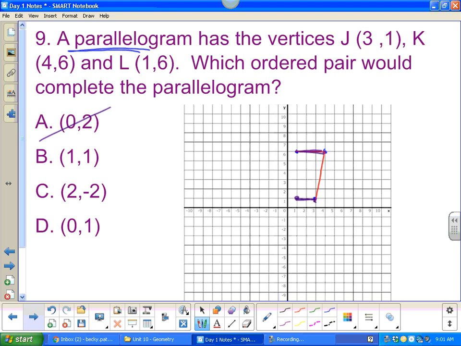Well, that makes the bottom parallel to the top, but my sides aren't going to be parallel. So no, don't like that one either. 2, negative 2, right? 2 down 2. No. 0, 1. I like that. I like that. Yep. There's our winner.